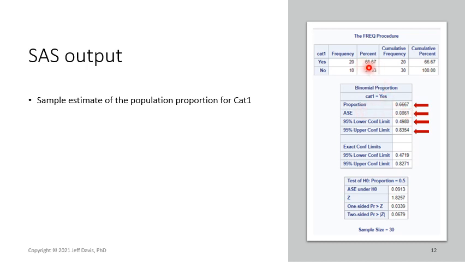It takes the value up here, 66.67, and divides it by 100, and that gives us 0.6667. ASE stands for asymptotic standard error. It's the same standard error that was computed in the slides for part 2 of chapter 7.